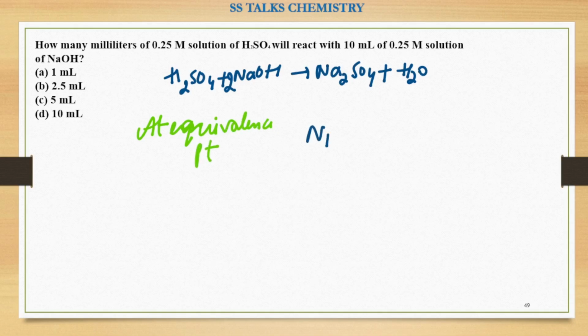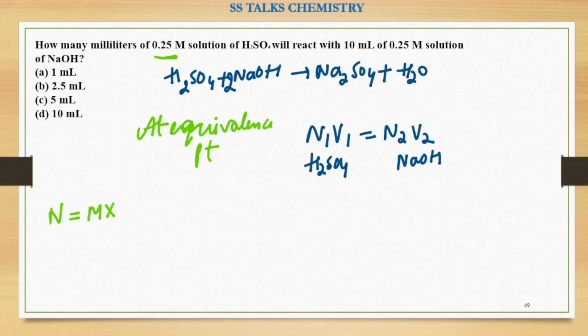That means N1V1 will be equal to N2V2, that is, the number of gram equivalents of H2SO4 will be equal to the number of gram equivalents of NaOH, right? So for the sulfuric acid, the molarity is given. From the molarity you can derive the normality.